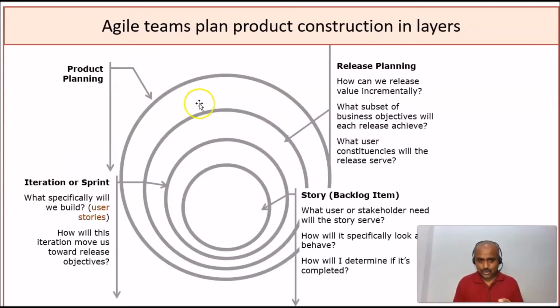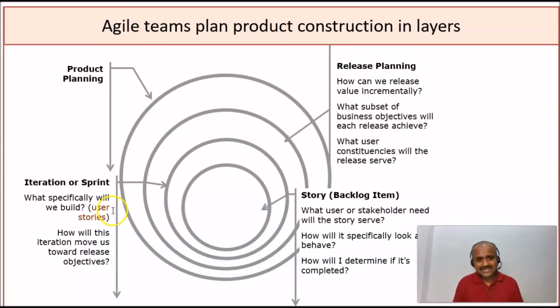Similarly, you will see the product roadmap planning event providing inputs to the release planning event. As part of the release planning event, we will understand how we can release value incrementally, what subset of business objectives each release will achieve, and what user constituencies the release will serve.